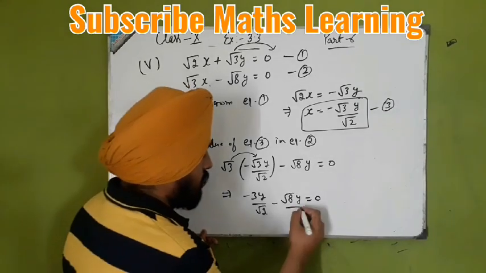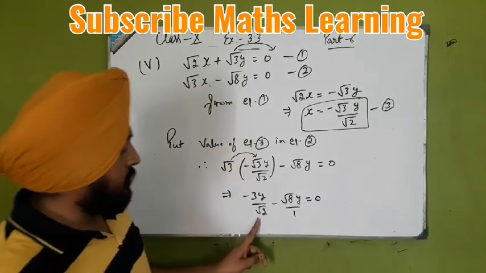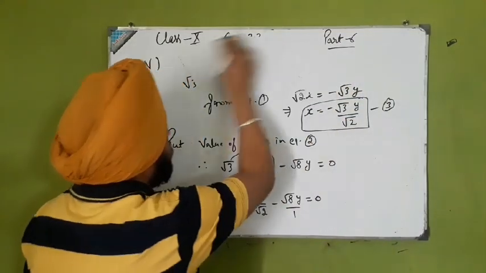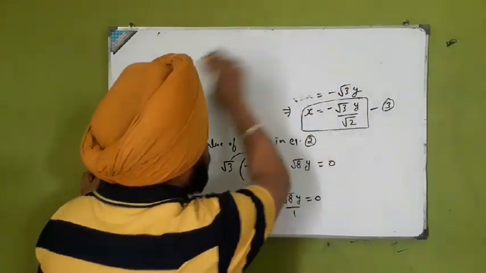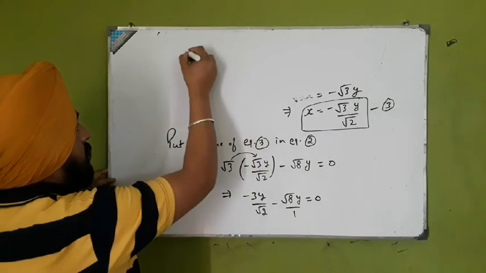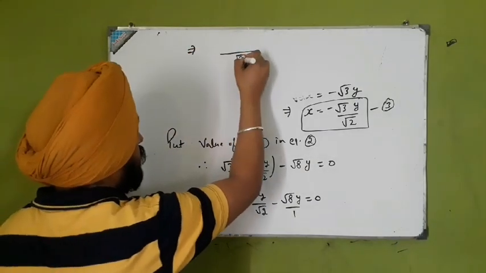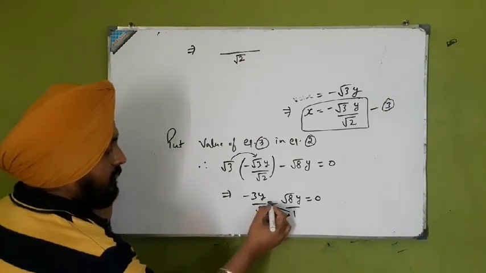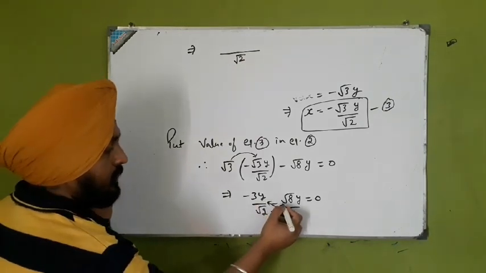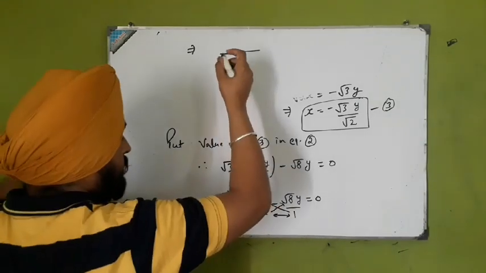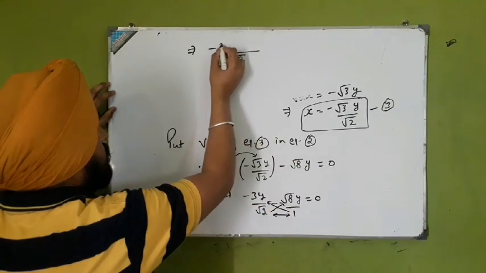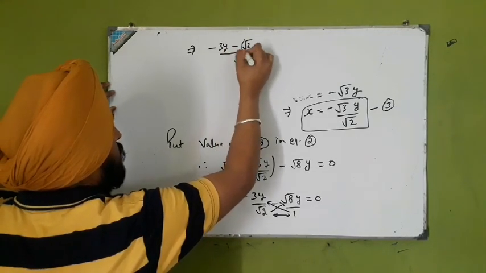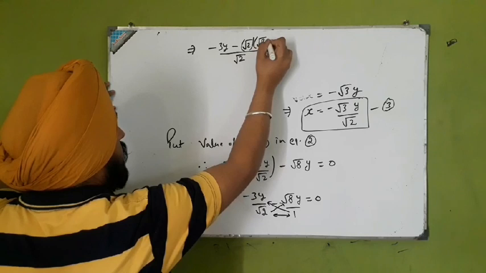Understood? Now you have to take the LCM. Root 2 and 1, the LCM is root 2 only. Next step, it implies root 2 multiplied with minus 3y over root 2 gives minus 3y, and root 2 multiplied with minus root 8y gives minus root 2 multiplied by root 8y.